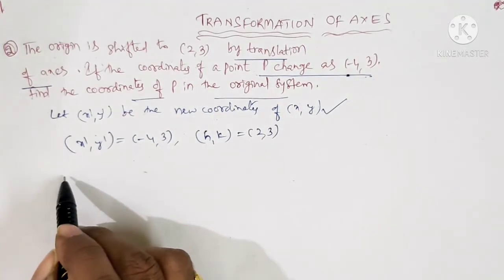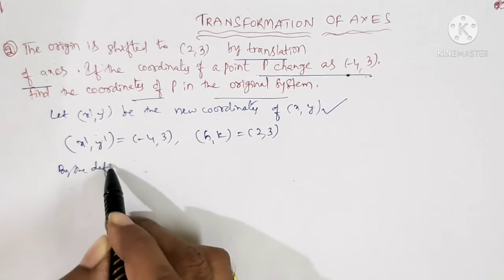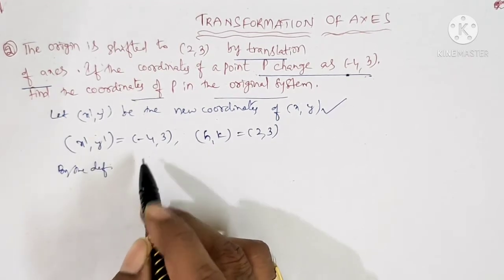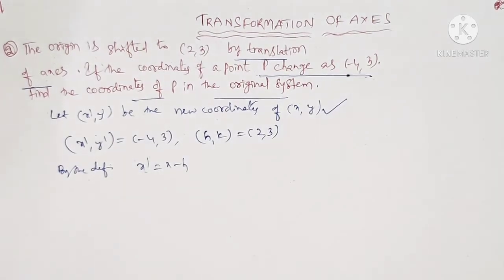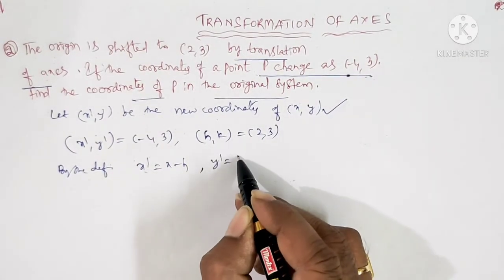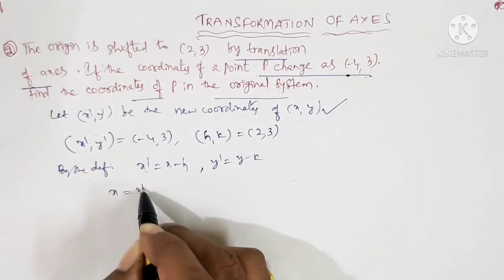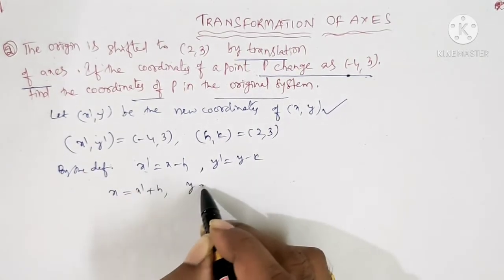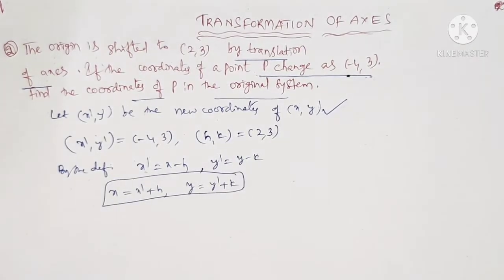So what is our definition? By the definition of translation of axis, x is equal to x dash plus h, so x dash is equal to x minus h and y dash is equal to y minus k. But we want x comma y, so x is equal to x dash plus h, y is equal to y dash plus k. This is our required answer.